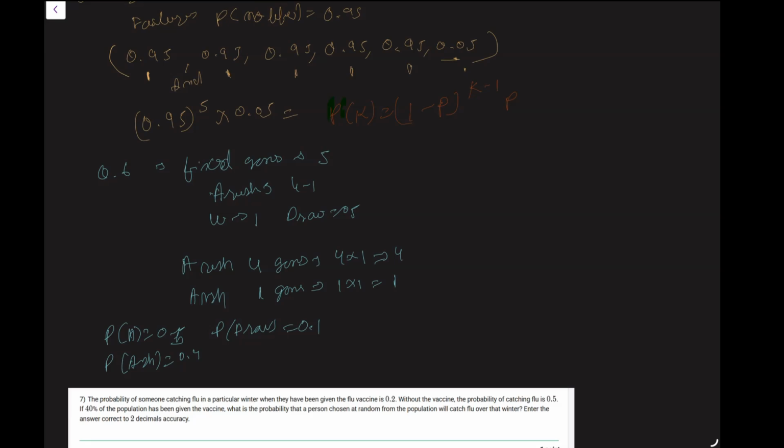First, let's just calculate the probability of one way this could happen. For example, what's the probability that Arushi wins the first 4 games and Ansh wins the last game? That is 0.5 to the power of 4, times 0.4. This gives you the answer as 0.025.